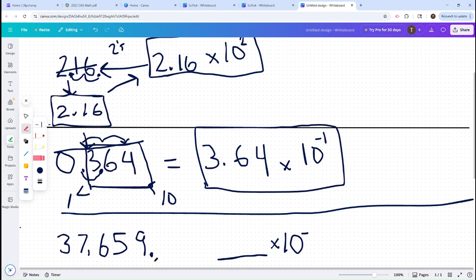Here we go. 1, 2, 3, ignore that, that's just a comma, 4. Now when we put the decimal here, we have 3.7659.